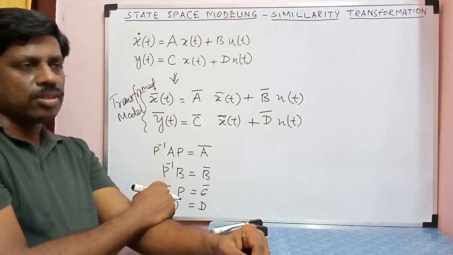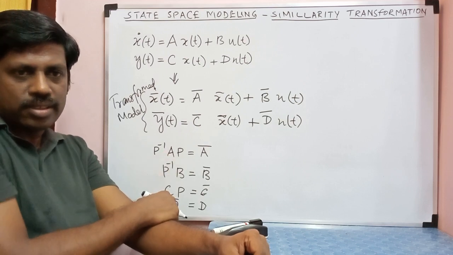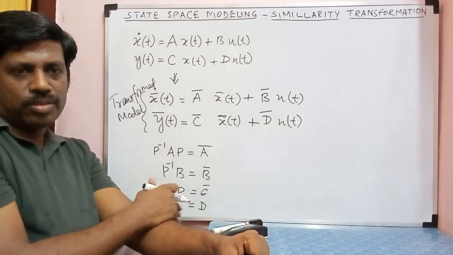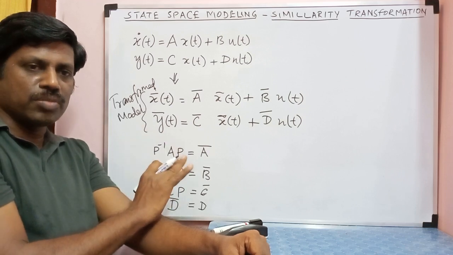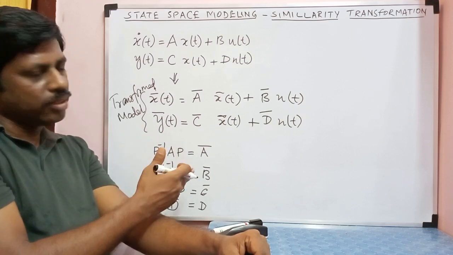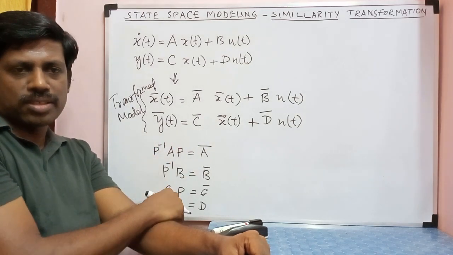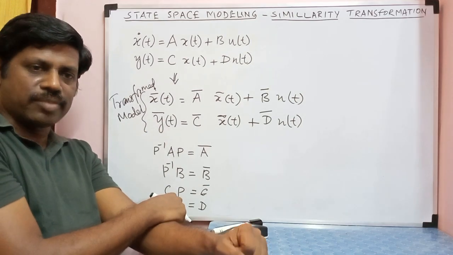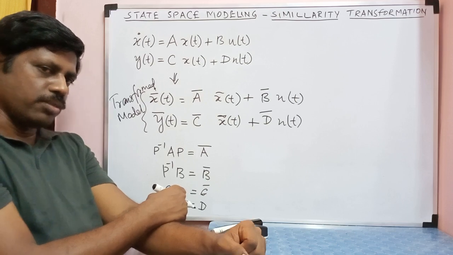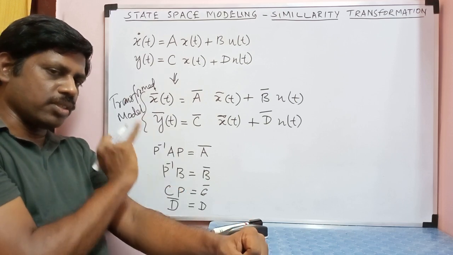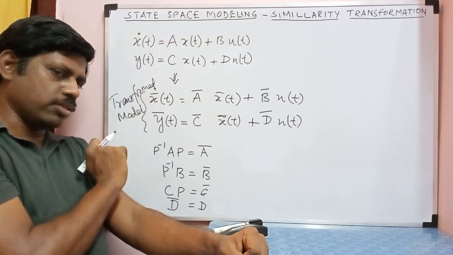And obviously, if the characteristic equation does not change, the eigenvalues will not change, because the poles of the system are nothing but the eigenvalues of the system, and they are the roots of the characteristic equation. And if the eigenvalues don't change, then the eigenvectors are also not going to change. So that's the first thing: characteristic equation, eigenvalues, and eigenvectors.